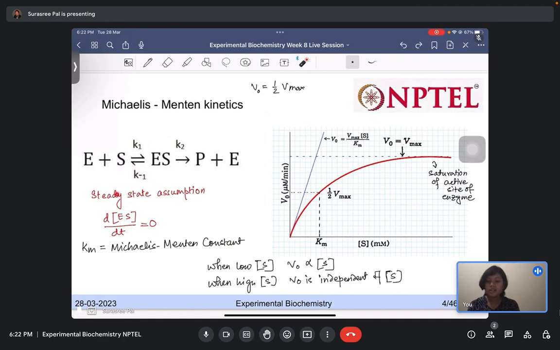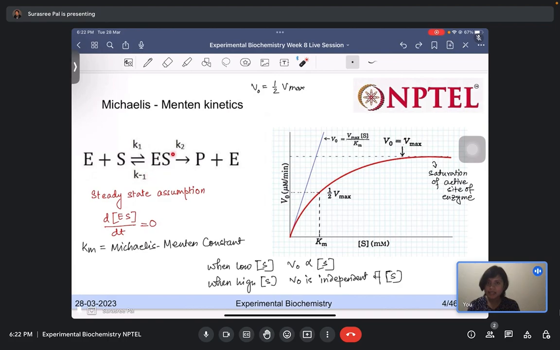It can break down to release enzyme and substrate, and this breakdown of ES has a rate constant of k minus 1. So the formation of ES has this rate constant k1, and the breakdown of ES has this rate constant k minus 1.